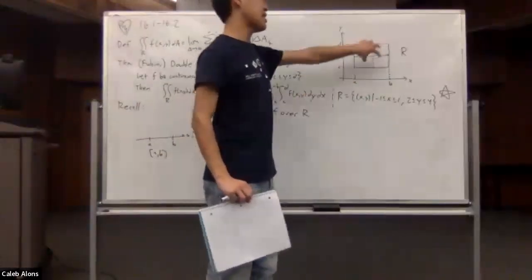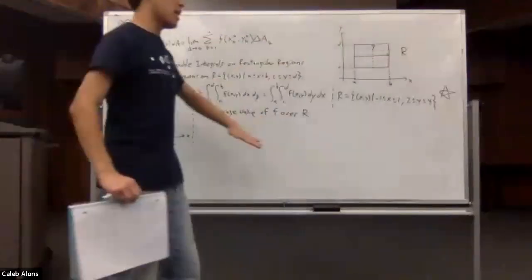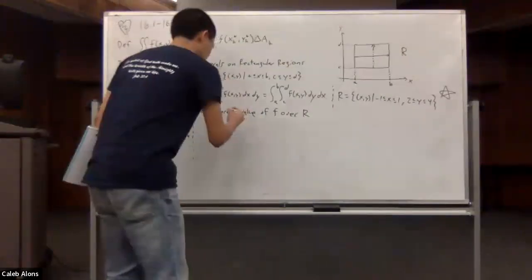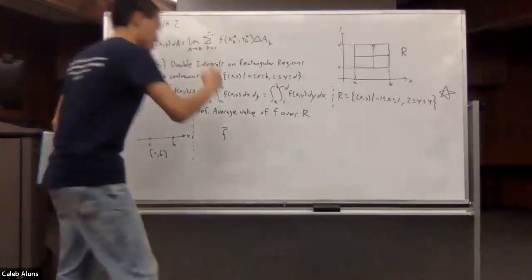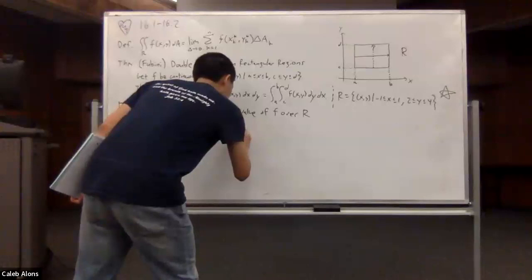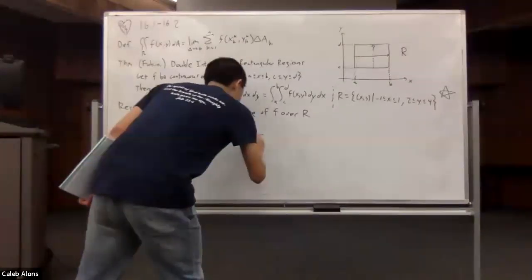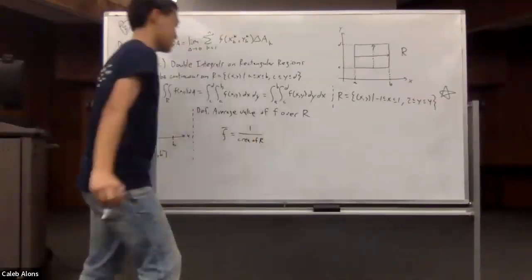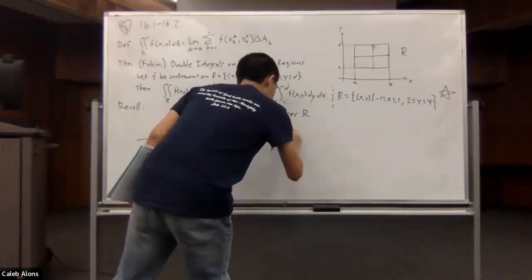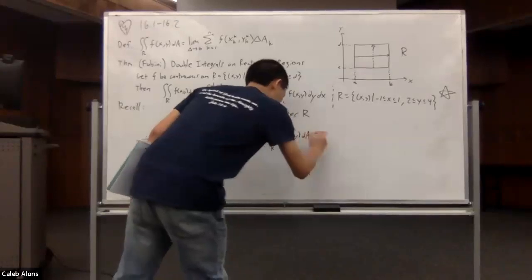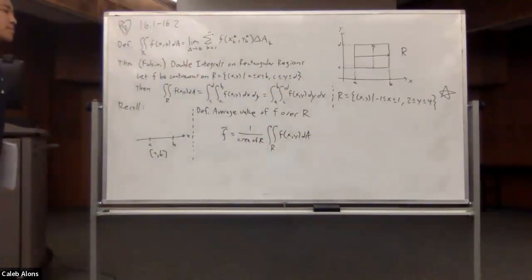So we'll take the area of the region, 1 over that, and then it's the same difference. We have the average surface value, so we divide by the area of our region, our input space, and then just do the double integral. Okay, so that's a quick recap of what you did yesterday.